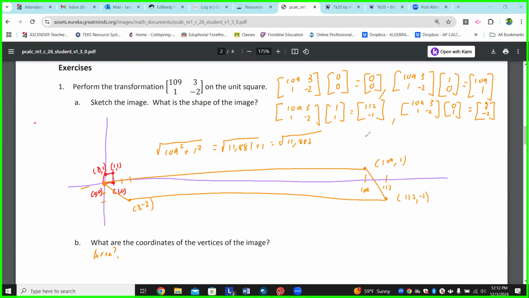Or you could just simply do 13 times 11,882 and then take the square root of it. What's 13 times 11,882? Take the square root of that number.